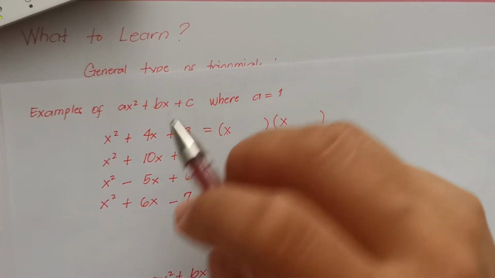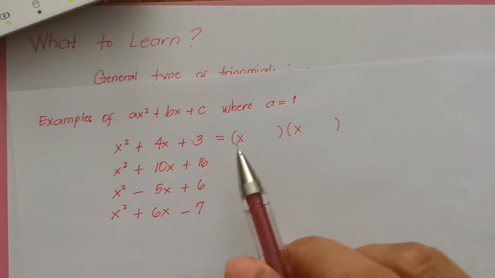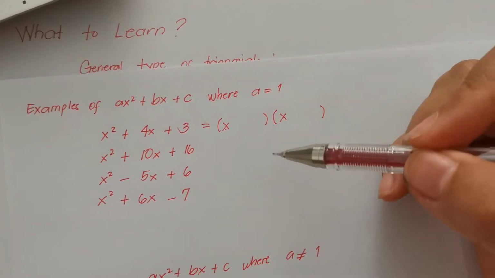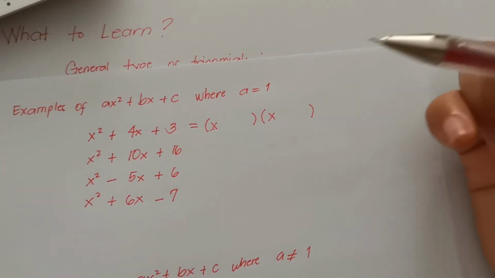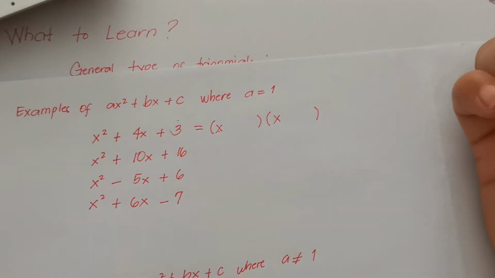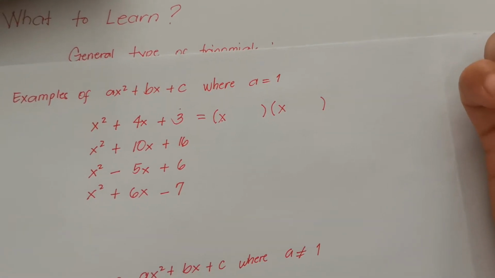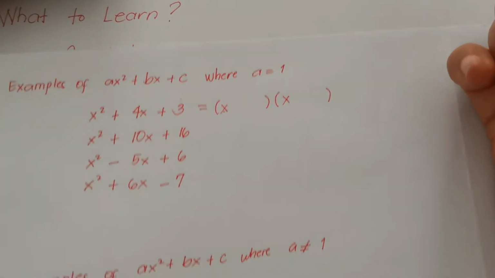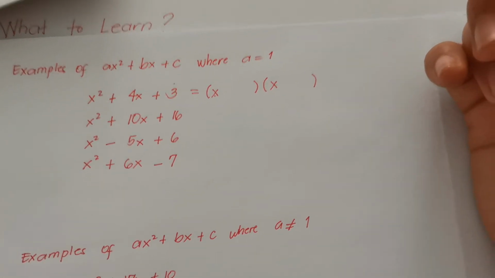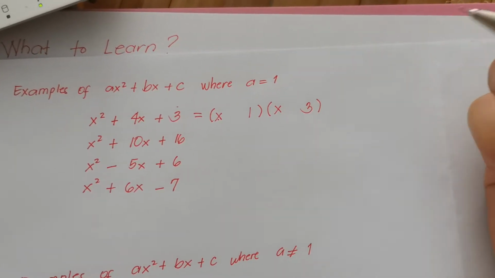What do we do with the pair of x and x here? Because the factors of this trinomial are two binomials. So all we have to do is to factor out 3 first. What are the factors of 3? 3 is a prime number, so it has only two factors, 1 and itself, 3.